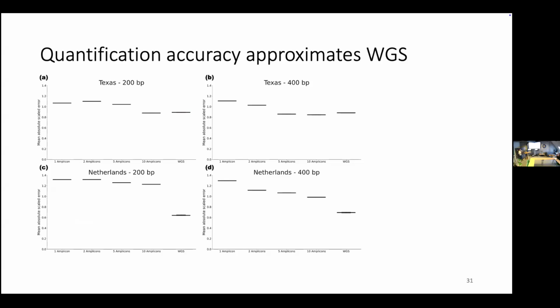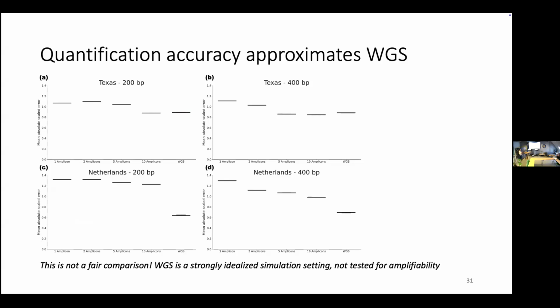For the Netherlands, we see a different story, where whole genome sequencing clearly does better, but there are some considerations here. The first is to realize that this is not actually a fair comparison, because in our amplicon data, we check if the primers that we've selected actually bind to the sequences that we should be simulating from.